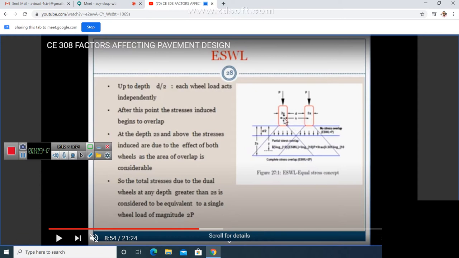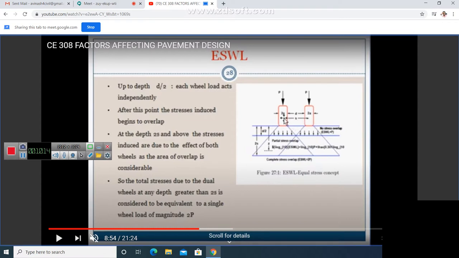Up to a depth of d by 2 from the surface, there is no overlapping of pressure or stress due to both these tires. That is, up to a depth d by 2, each wheel load acts independently. See, the effect due to this wheel load is like this and this wheel load is like this. There is no overlapping or crossing of the stress.